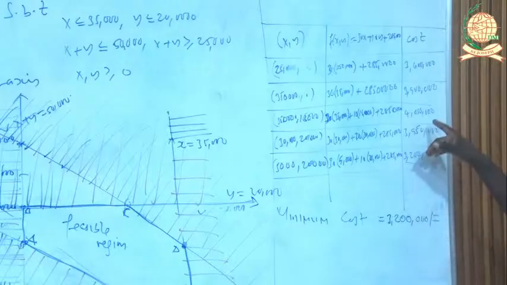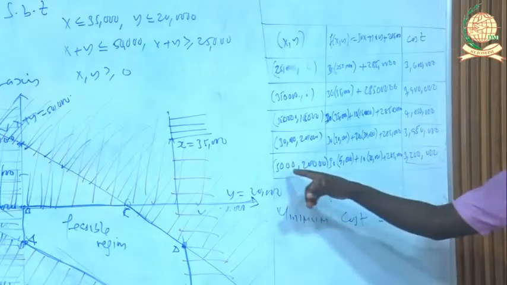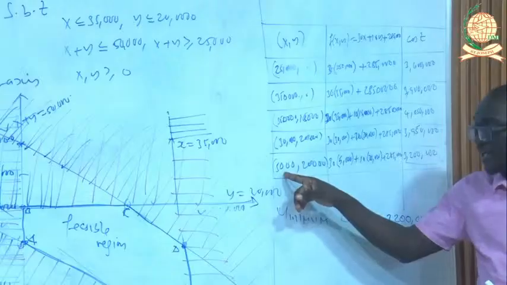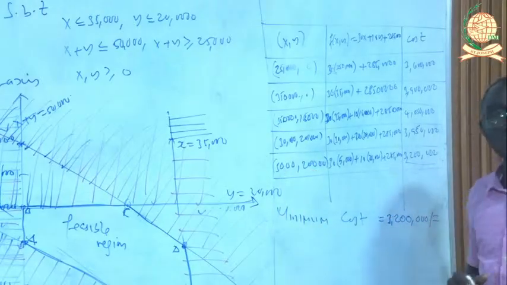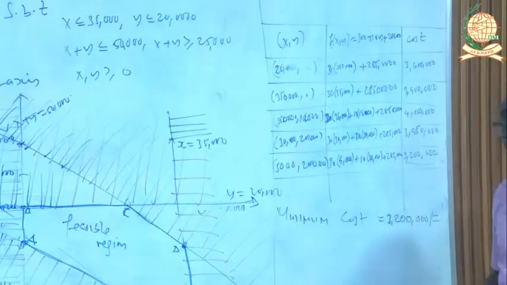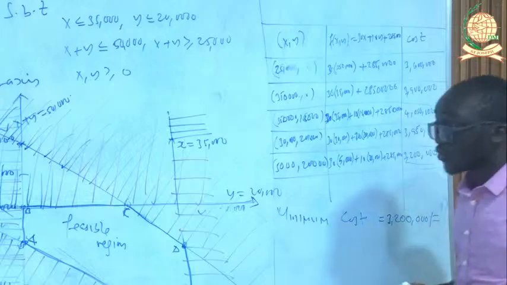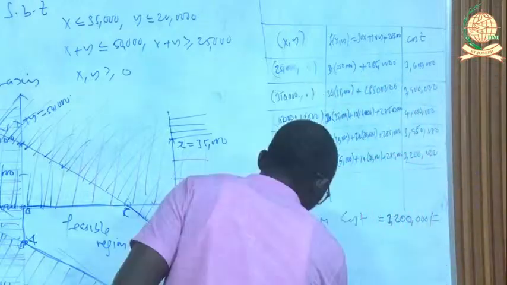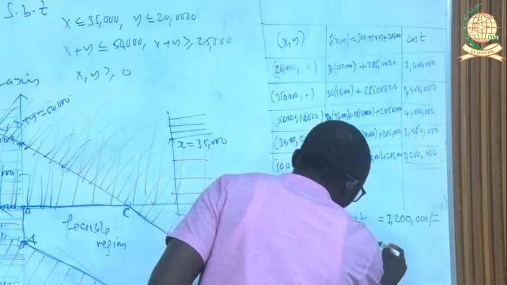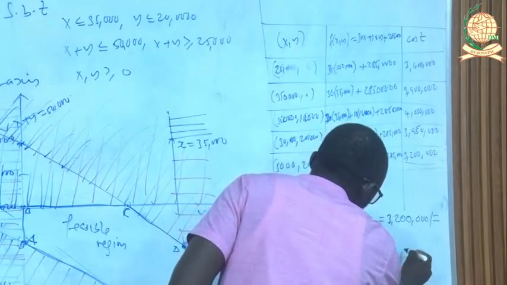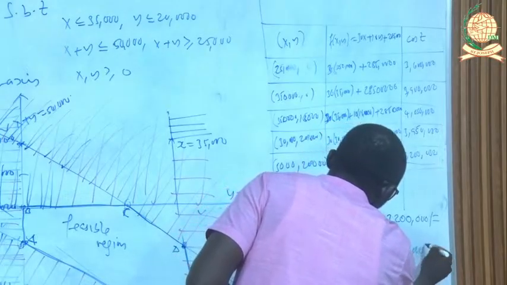So we are going to consider x to be 5,000 and y to be 20,000, so that our cost of running the company is minimum.